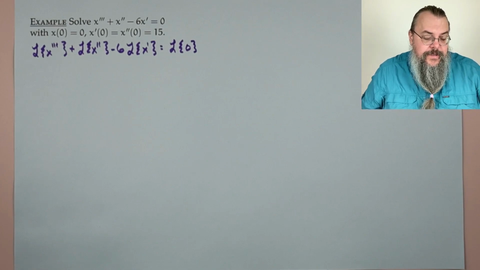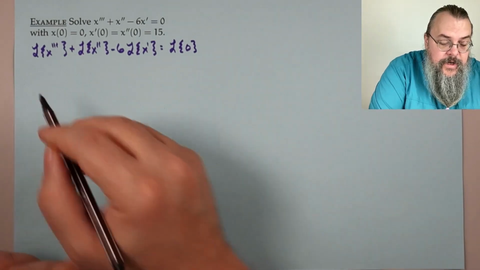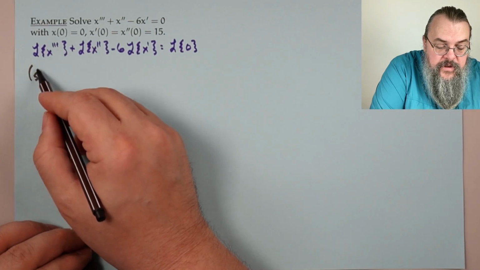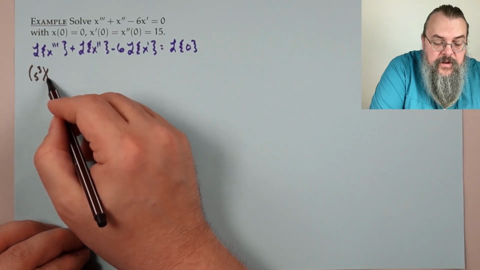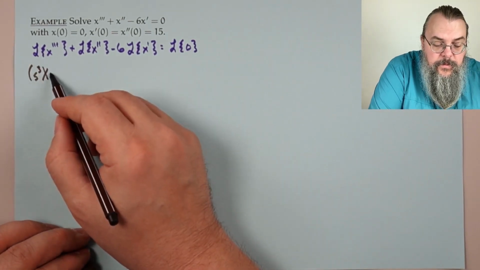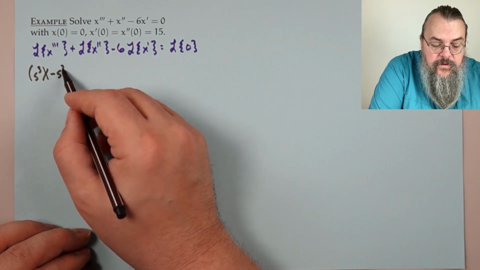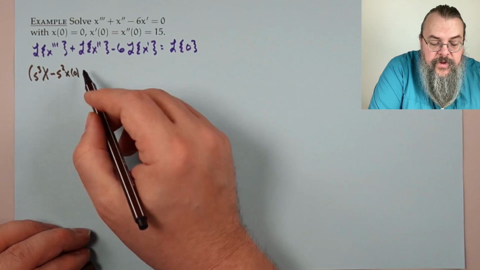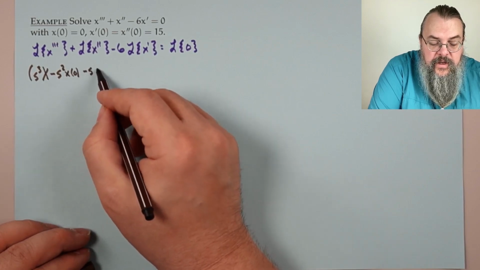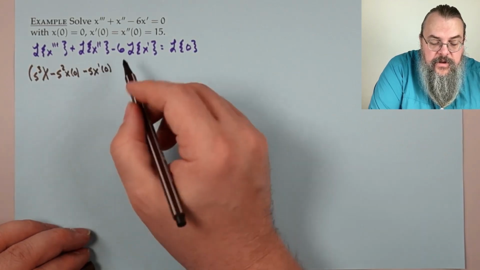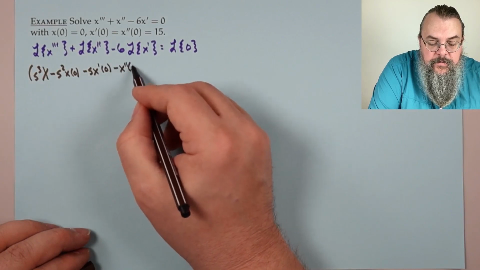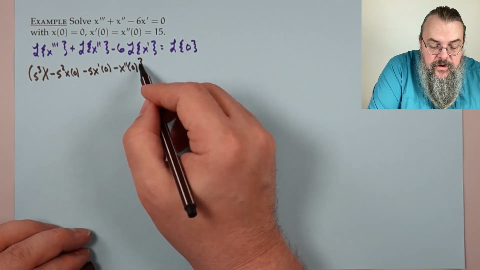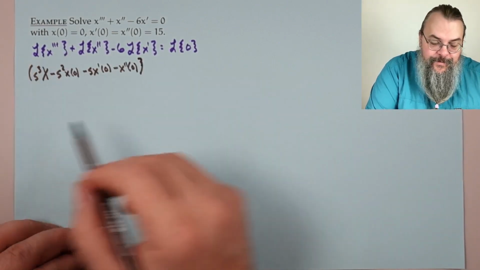Well, we're going to have s cubed X, and then we're going to work our way up. So s squared times x of 0 minus s x prime of 0 minus x double prime of 0. Okay, so that's the first term.